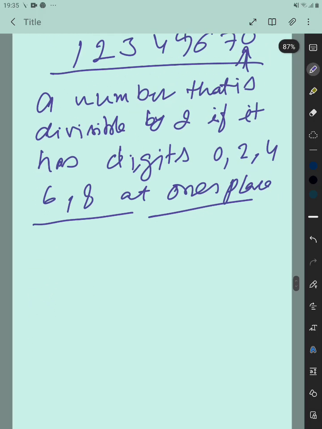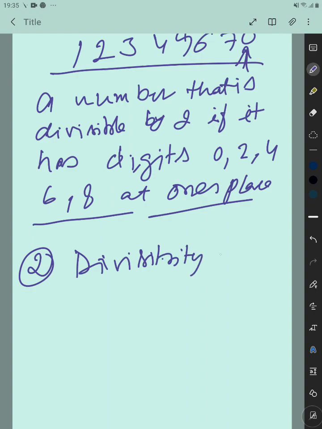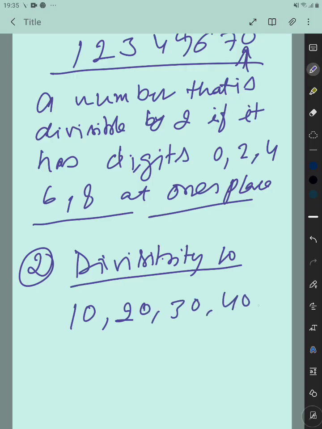Now we'll take the second one, and that is the easiest one, divisibility by 10. How will we see divisibility by 10? Let's take the multiples of 10. The multiples of 10 are 10, 20, 30, 40, 50, and so on.